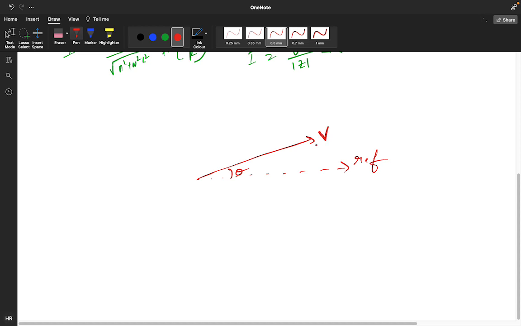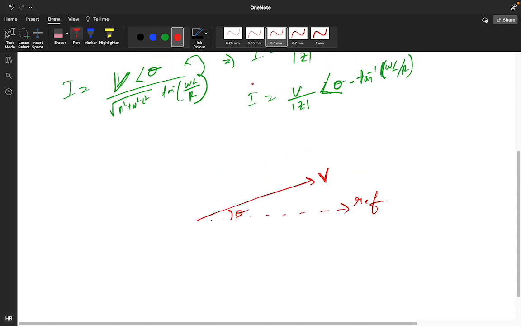This is my V. What about I? It will have some angle, theta minus tan inverse omega L by R, right?